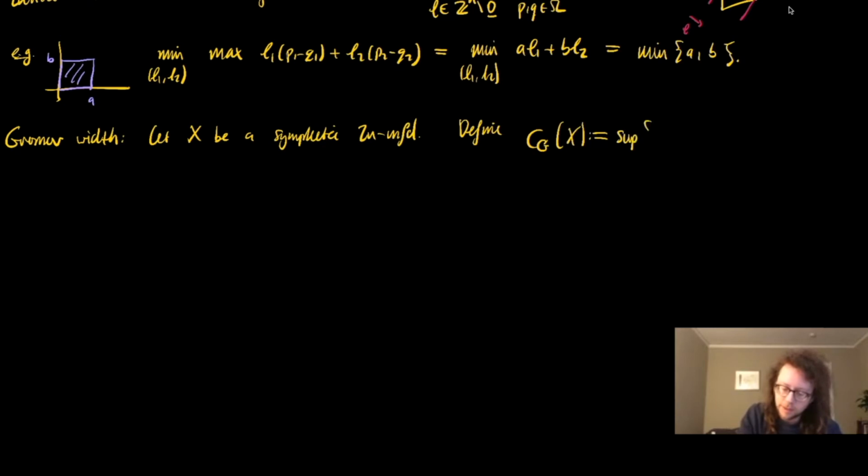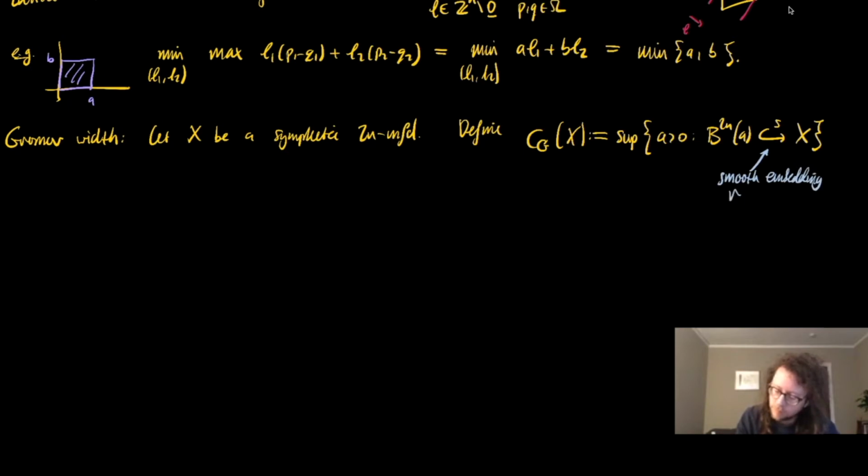to be the sup of all positive a such that a ball of the same dimension with symplectic radius a symplectically embeds into X. What I mean by symplectically embeds is a smooth immersion, or smooth embedding, that respects the symplectic structure.